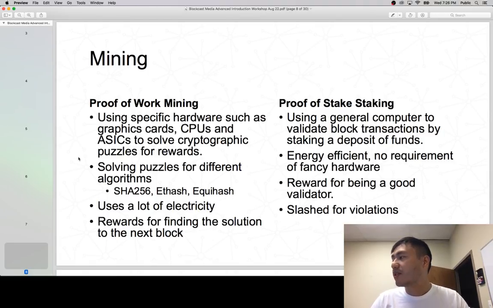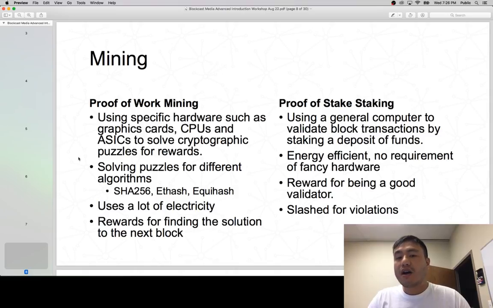Different cryptocurrencies have different algorithms when it comes to solving this cryptographic puzzle. So Ethereum is different from Bitcoin, different from a bunch of other cryptocurrencies. SHA-256 is the algorithm for Bitcoin, and Ethash is the one for Ethereum.